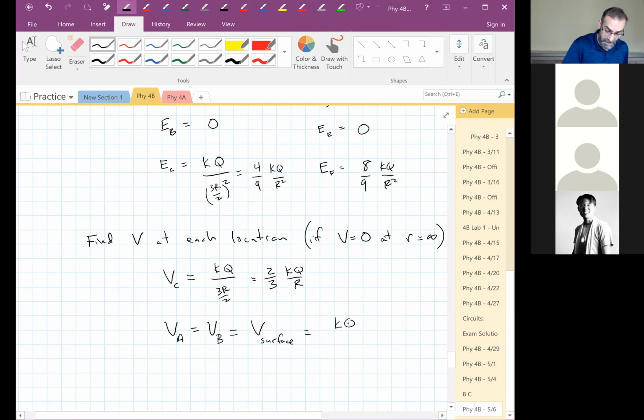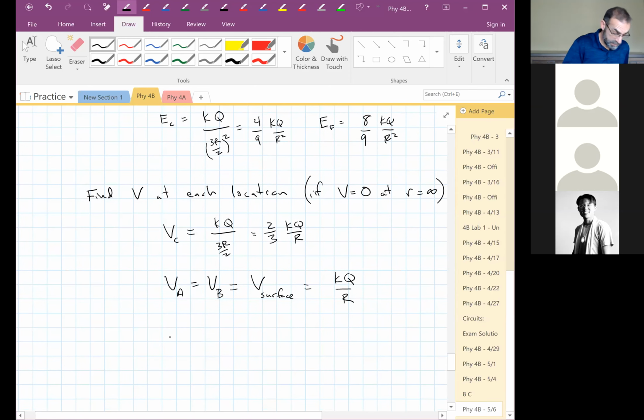Which is KQ over R. At the surface, the potential has to be constant everywhere inside because the electric field is 0. Delta V has to be 0, correct?